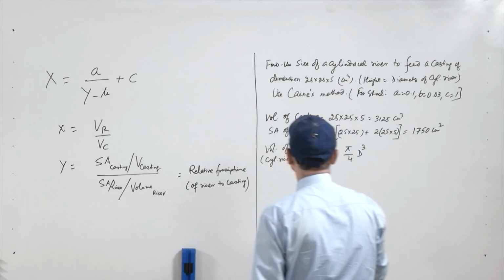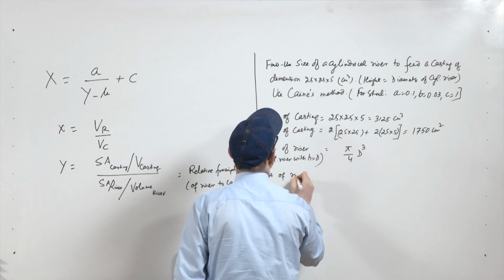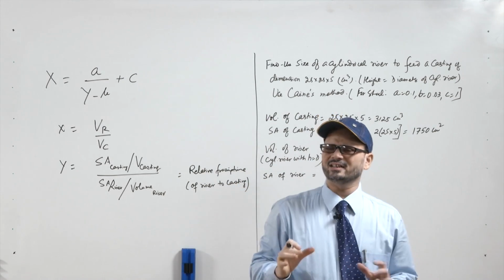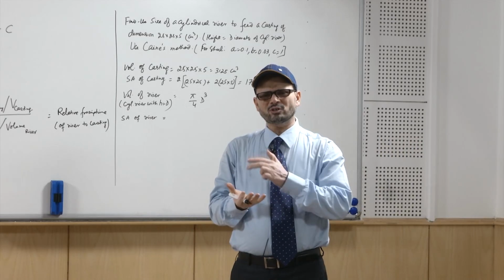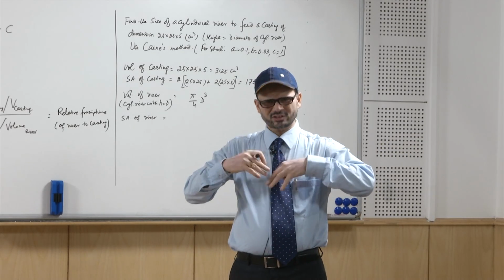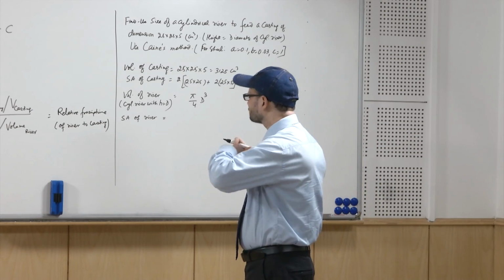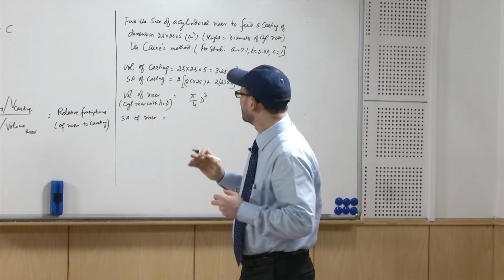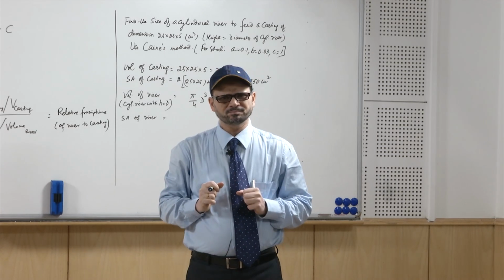On the other hand, surface area of the riser. Now in the surface area of the riser, if you take the side riser and if you assume that the bottom portion does not contribute as the surface which is exposed to the cooling surface or which is radiating the heat, in that case virtually we have the curved surface as well as the top surface.